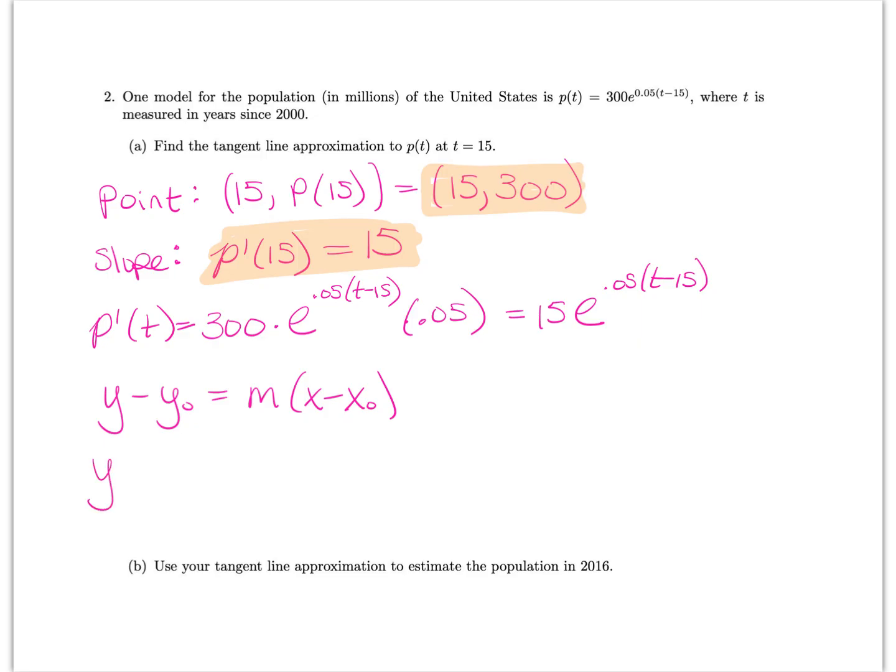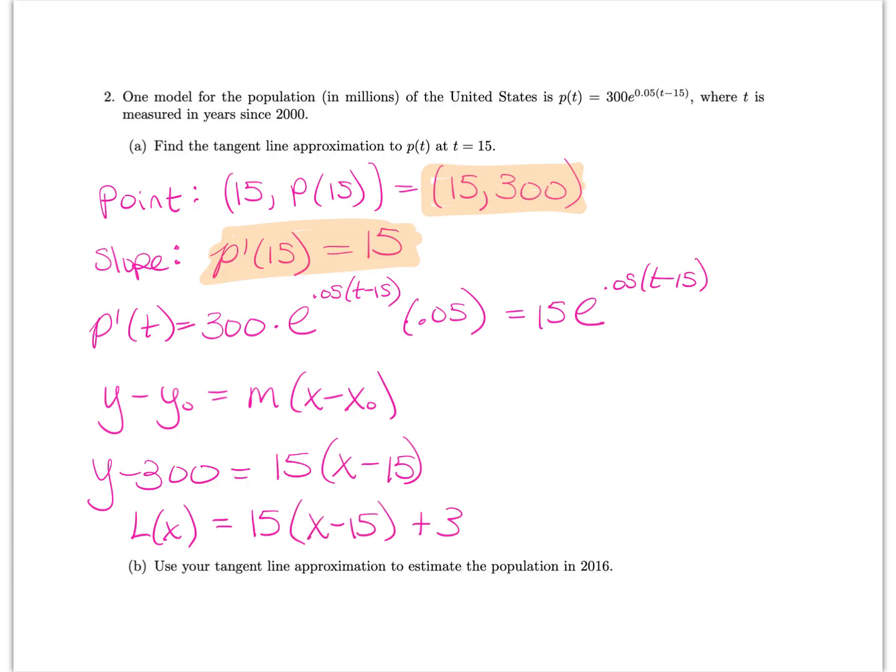And I have y minus 300 equals 15 times x minus 15. And I can just leave it like that. Or if I want to solve for y so that I can write this in the form L of x equals, it would just be 15 times x minus 15 plus 300. Just move the 300 to the other side.